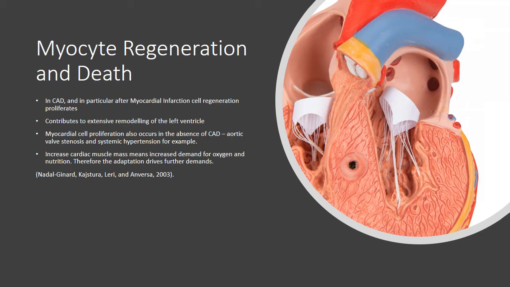So as the heart tissue grows larger and has a greater need for nutrition and oxygen, it can outstrip its own supply essentially, and that's the point of heart failure.